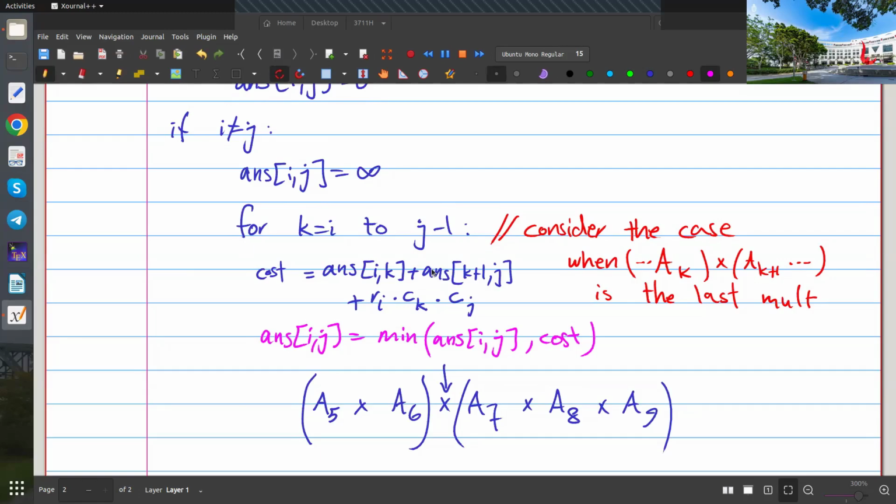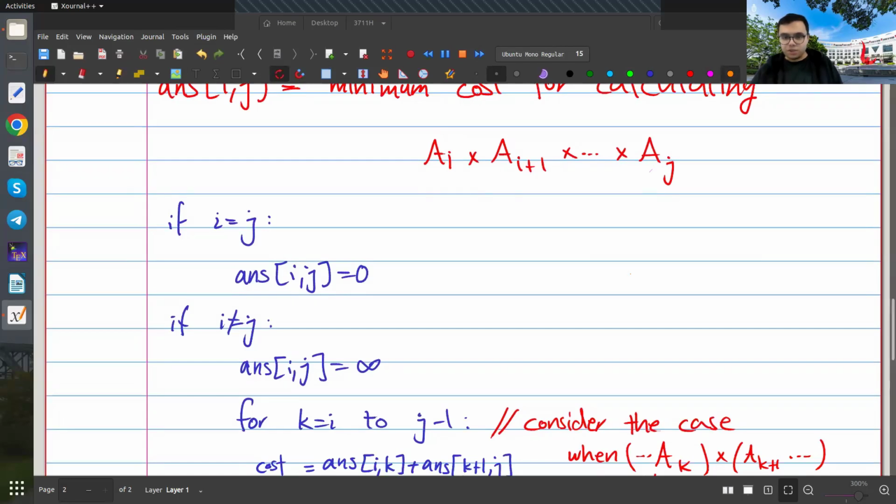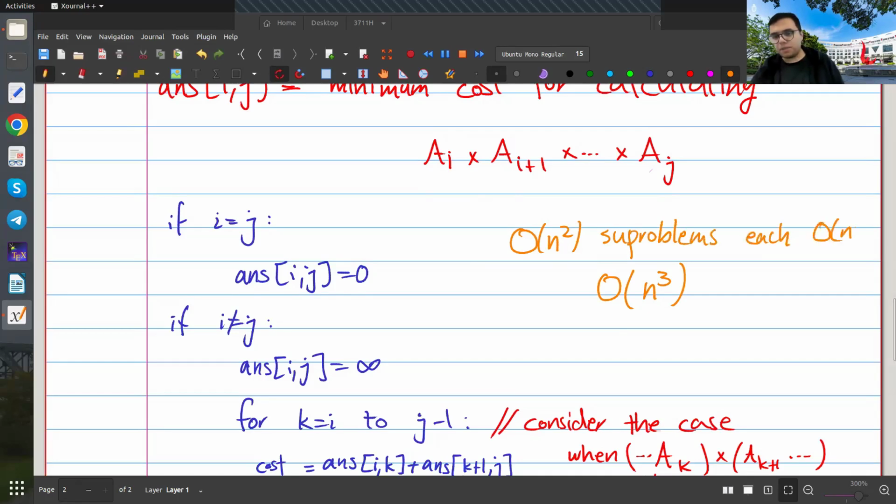Because for each subproblem, I'm basically considering all the cases. I'm saying which one of these multiplications is going to go last. And I can have up to n different multiplications, n different choices. So for each subproblem, I'm doing this, which is taking O(n) time. So my total runtime here is actually O(n cubed). Again, this is because I had O(n squared) subproblems, each taking O(n) time.